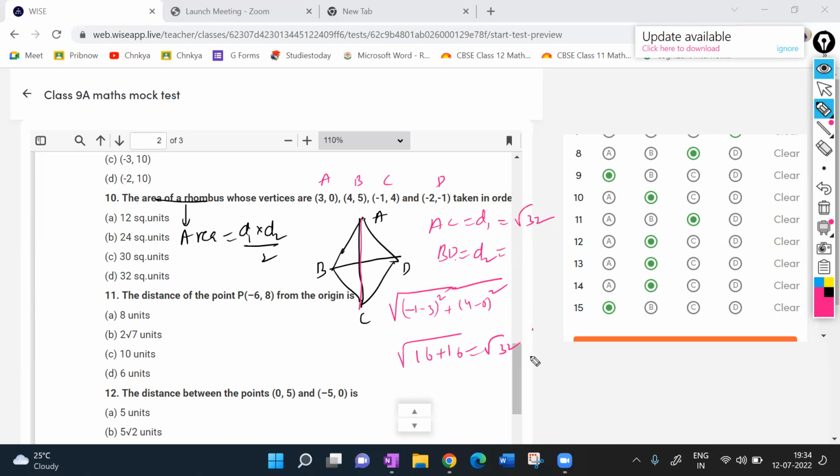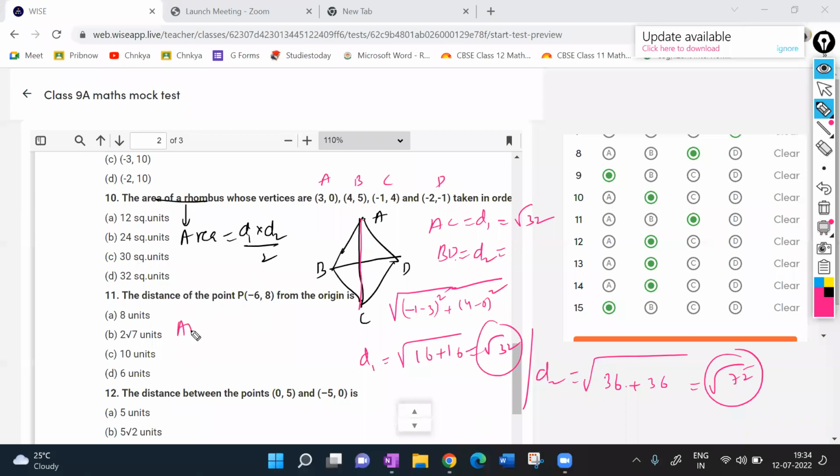Similarly, find D2, which is BD. It is the square root of 36 plus 36, so root 72. This is root 72 and root 32.